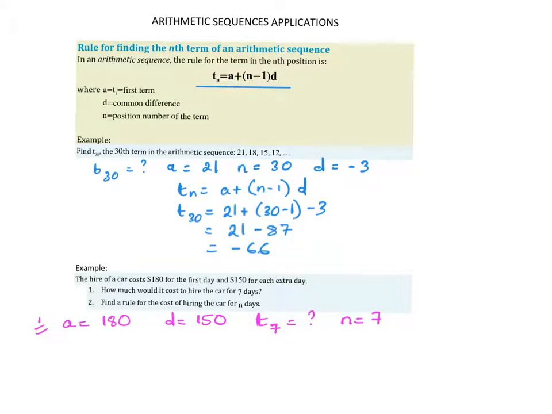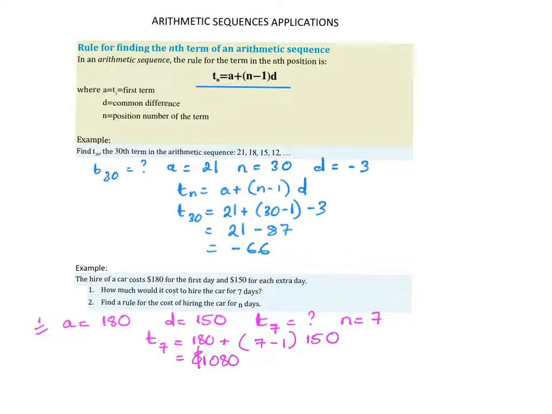So putting it into our rule, we get T7 is equal to 180 plus (n minus 1), and n is 7, so 7 minus 1, times d, so times 150. And when we put that all into our calculator, we get $1,080. So after 7 days of having the car, it's going to cost us $1,080.